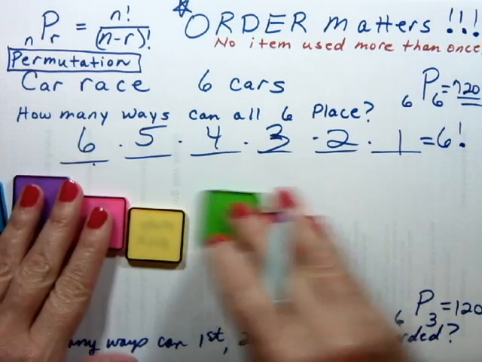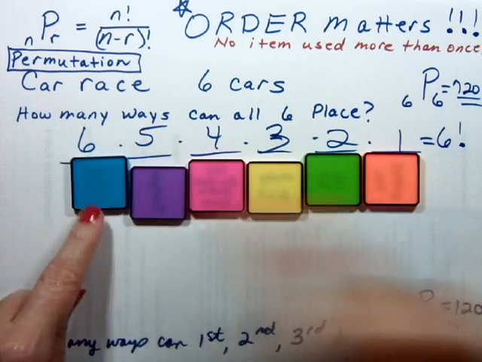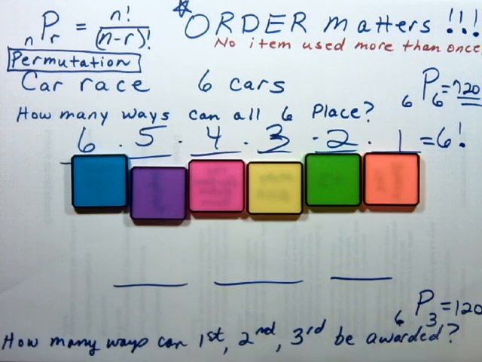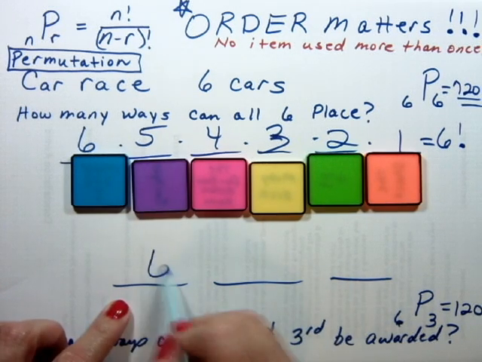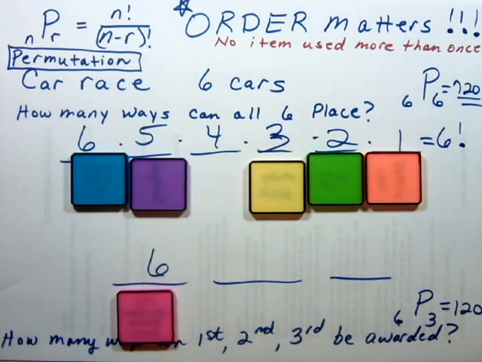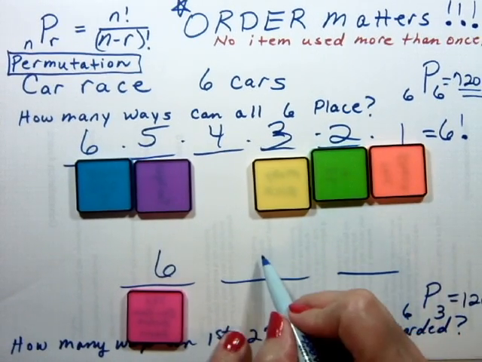Now let's revisit the problem on the bottom. If I want to know how many ways out of those 6 cars I can have first, second, and third place, how many do I have to choose from for first place? 6. And I'm going to pick one, pink, because that's my favorite color. So it's going to come in first. Now how many choices do I have for second place? 5.